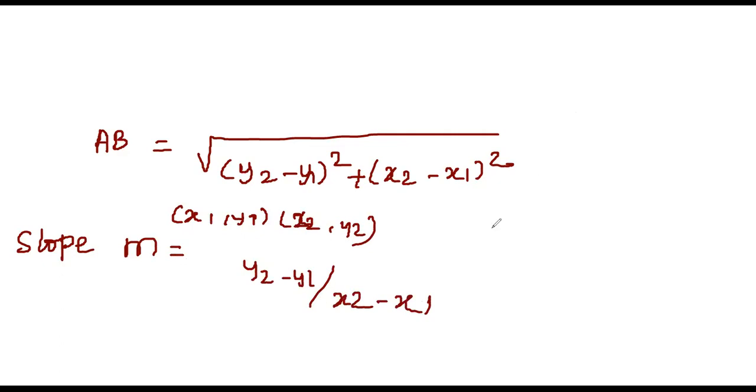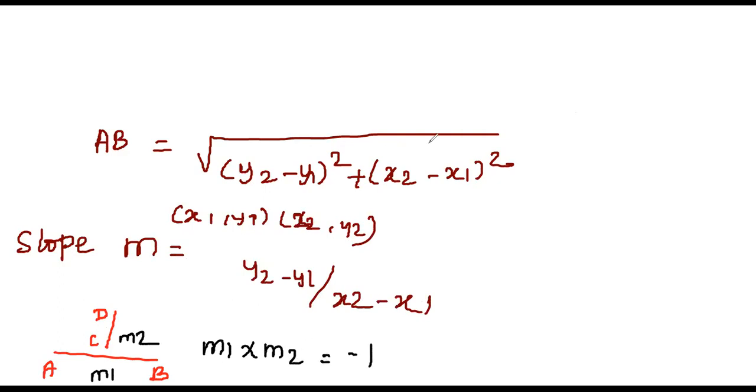When 2 lines are perpendicular to each other, the product of their slopes will be equal to -1. And when 2 lines are parallel to each other, their slopes will be equal.